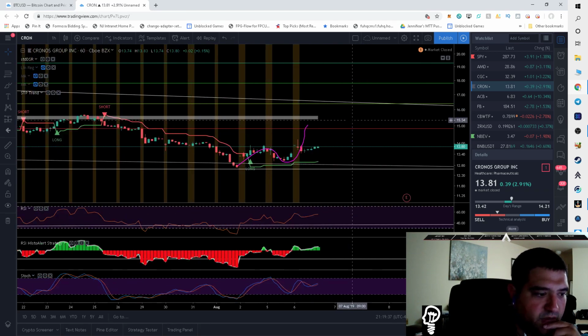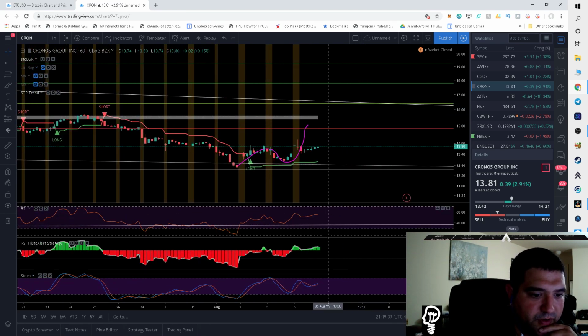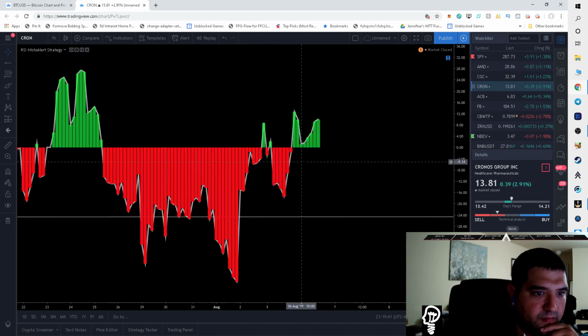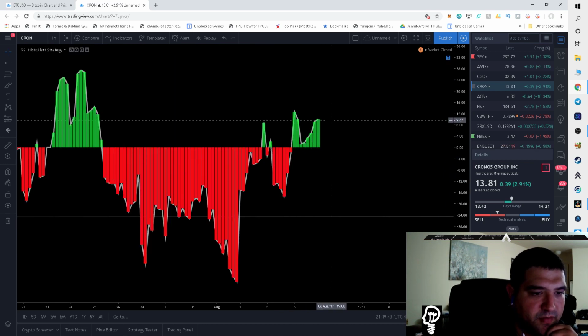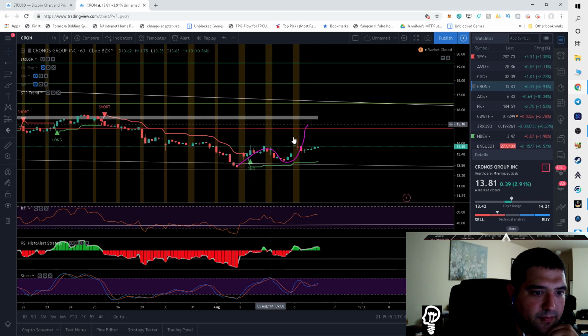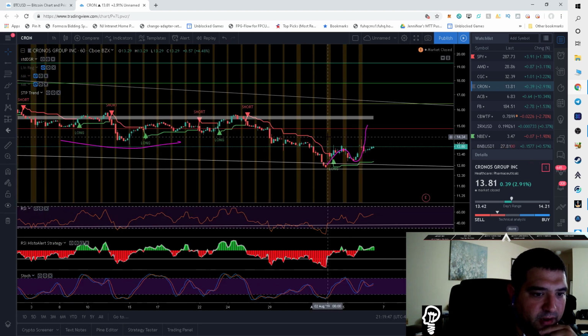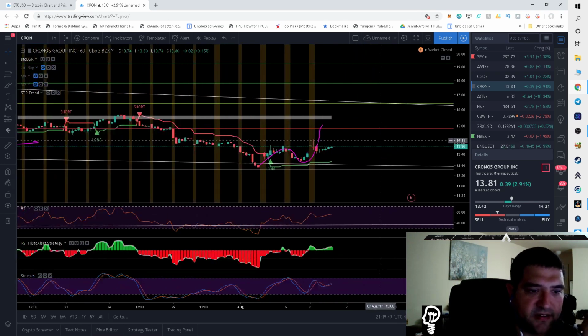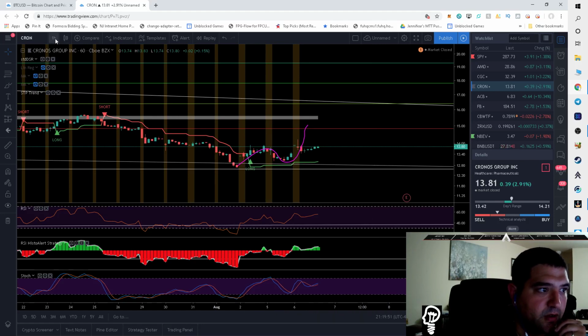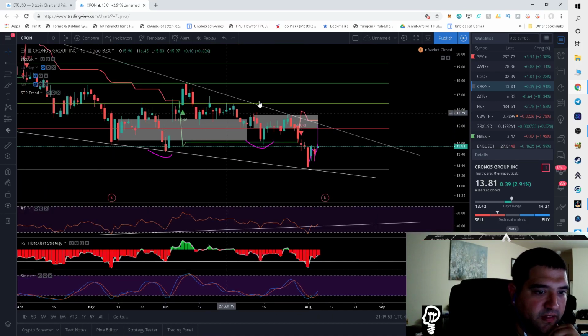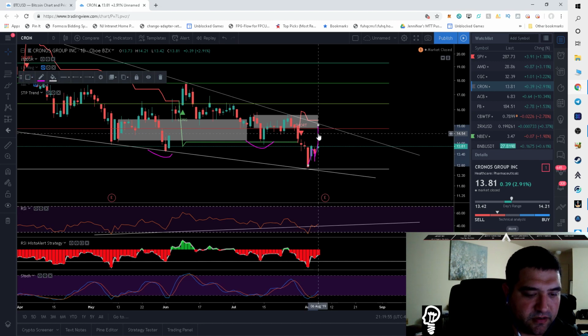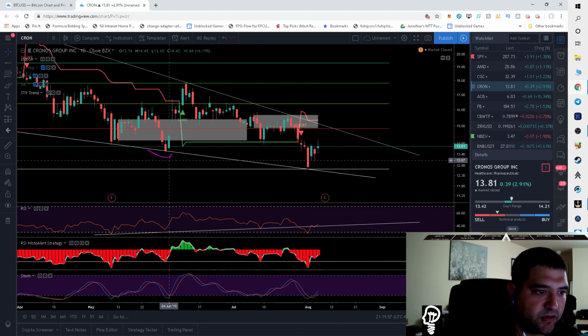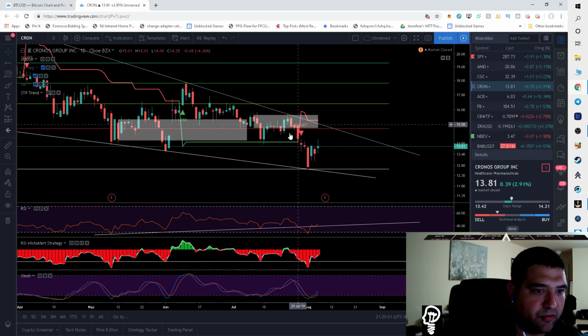All the Stokes obviously are pointing upwards. We are hanging on to some positive momentum here. We could be diverging a little bit, but we do have earnings coming up, and I want to say that this is going to be a big move. As far as looking at the daily chart, we did have what I thought was a double bottom that we failed to break higher on.